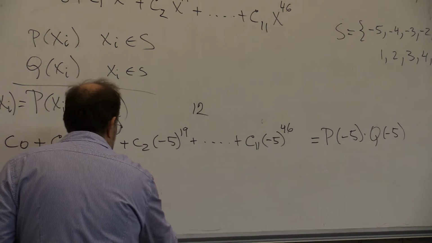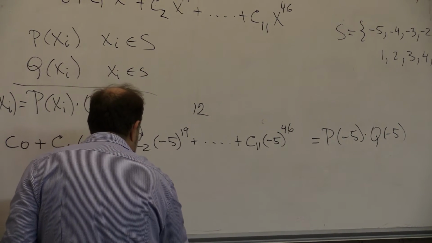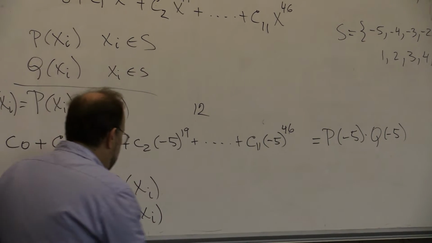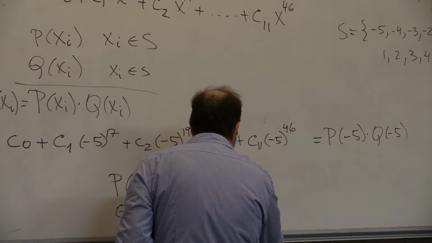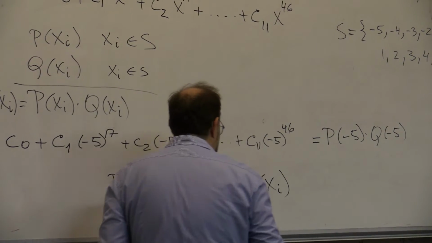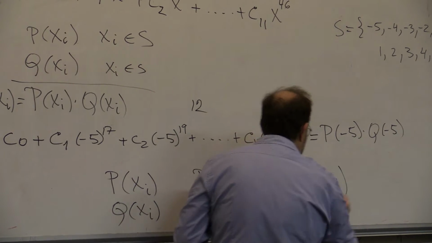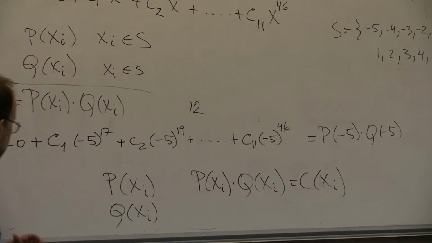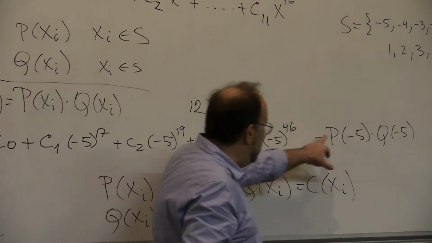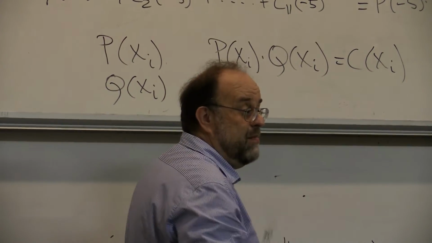You evaluate p at xi and q at xi at a sufficient number of values. Then you multiply p of xi times q of xi, right? And this is your c of xi. And then you have to solve back, you have to find the coefficients by solving this system of linear equations, but the mechanism is always the same.